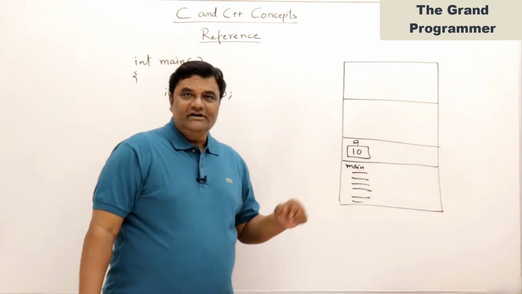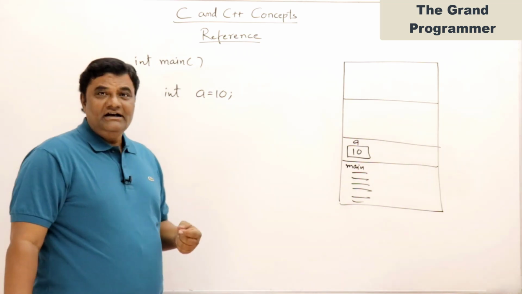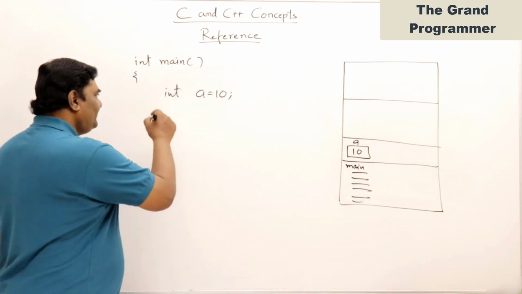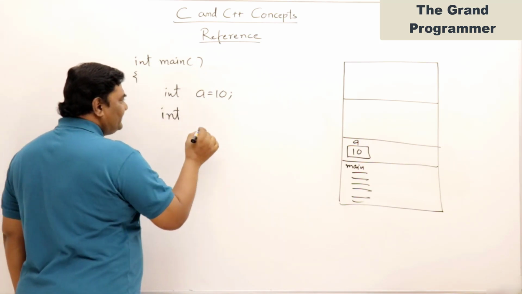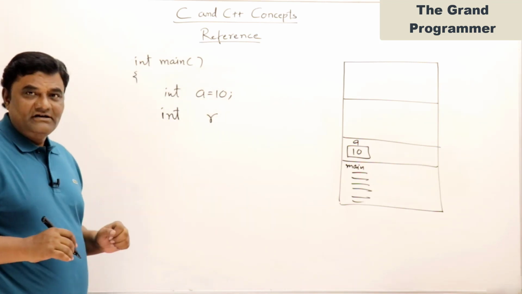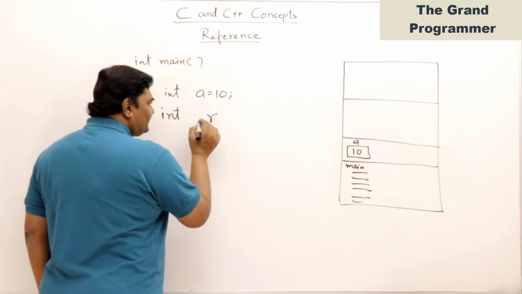Suppose there is some code in the main function. Now inside this I want to have a reference to that variable A. So the method of declaring a reference is int. I will use the variable name R. R is a reference. You can use any name. I am using R. Now how to make it a reference?